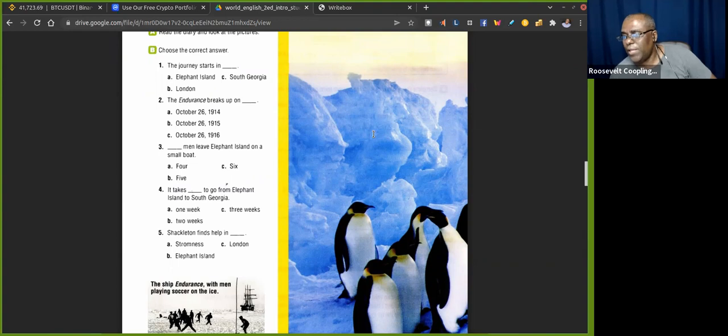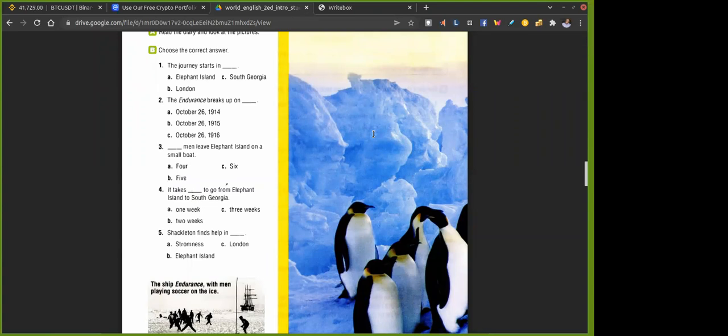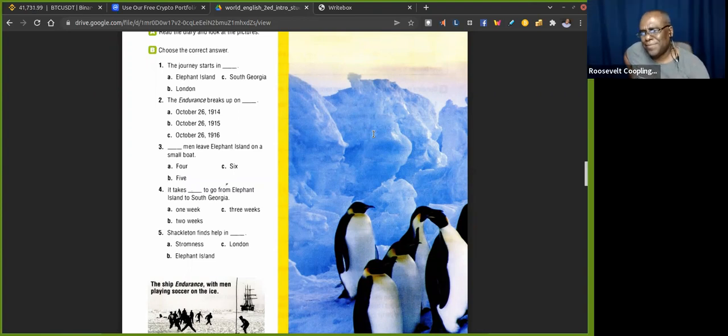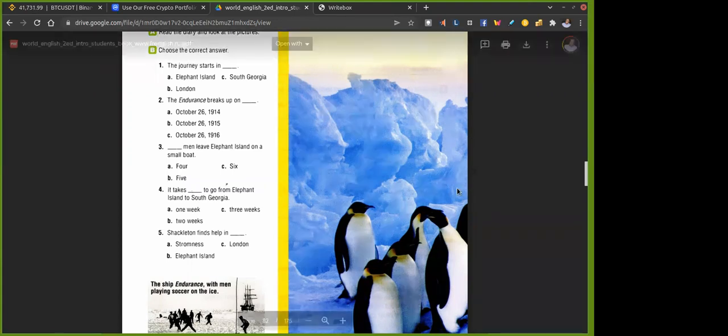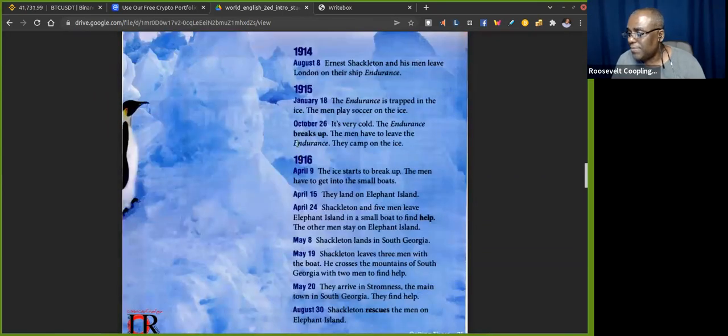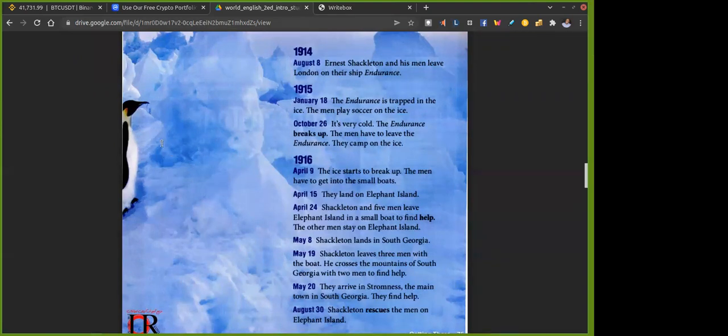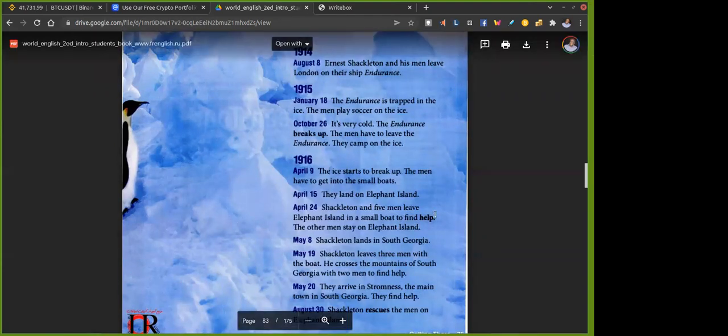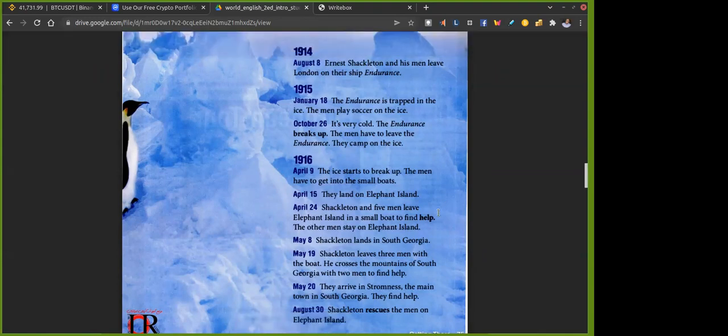How many men left Elephant Island on a small boat? 6 or 4? A small boat. How many people inside the boat? Let me see. Check it. Leonardo says 6. April 24.